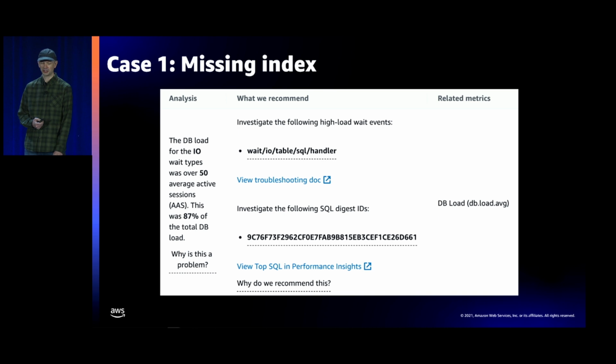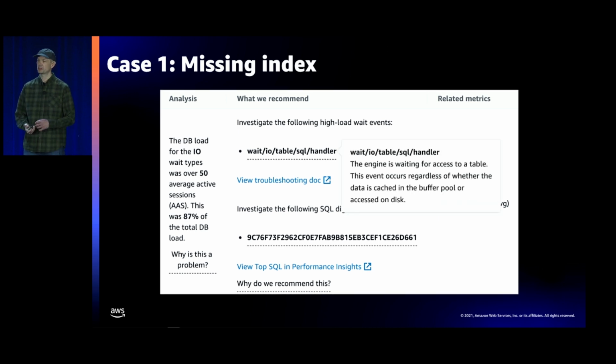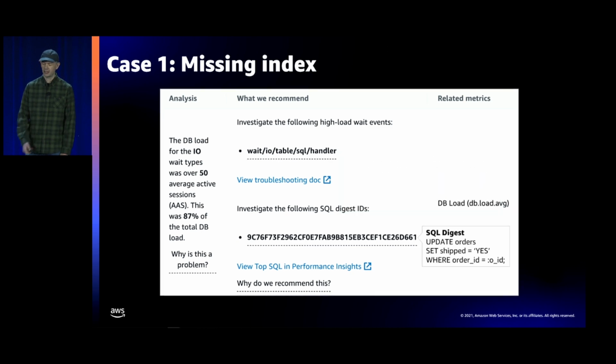Now, as Jeremiah mentioned, wait event names tend to be a little bit cryptic. That's why we created simple descriptions that everyone can hopefully understand, and they will tell you exactly what's going on rather than the cryptic wait event name. And of course, you can also look at the statement that is having issues at the moment.